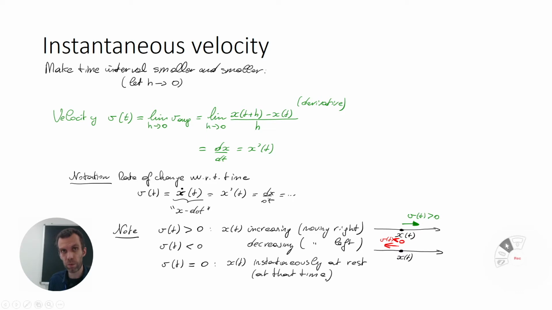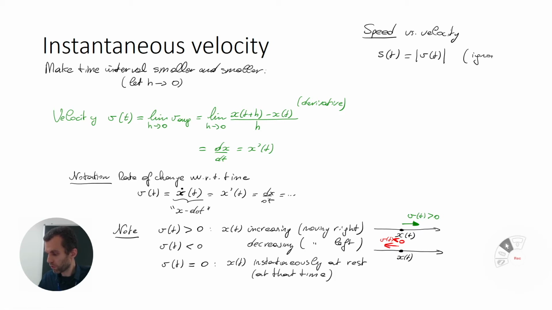It doesn't mean that the particle is at rest all the time, just at that specific time. And then one last remark, we can also define the speed of a particle or an object, and the speed s of t is just the absolute value of the velocity. So what this does is it ignores the sign.